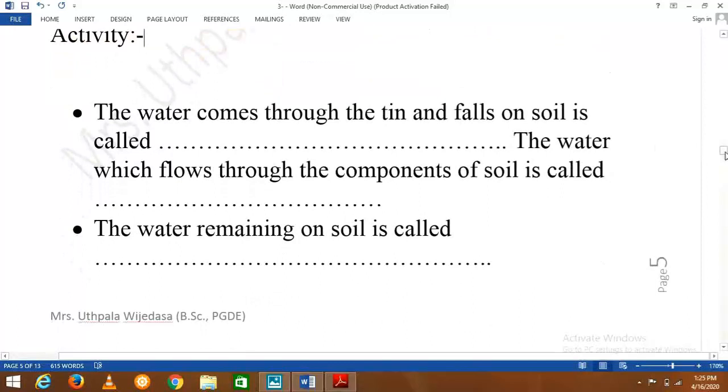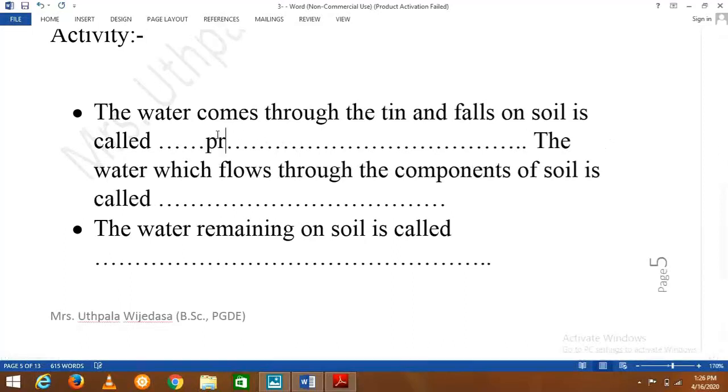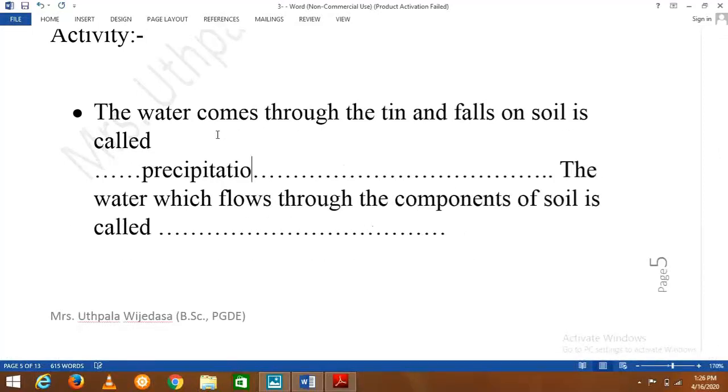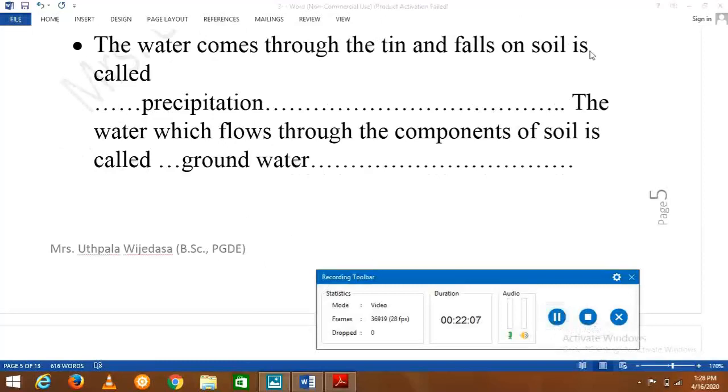The water that comes to the tin and falls on the soil is called precipitation. The water which flows through the components of soil is called the groundwater. That water penetrates through the layers of soil.